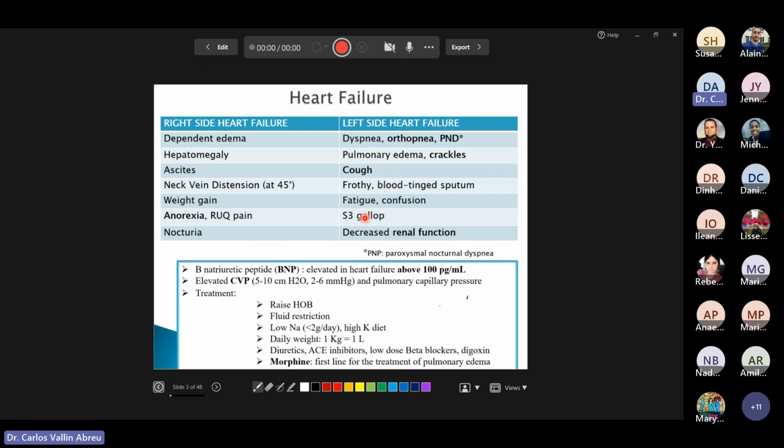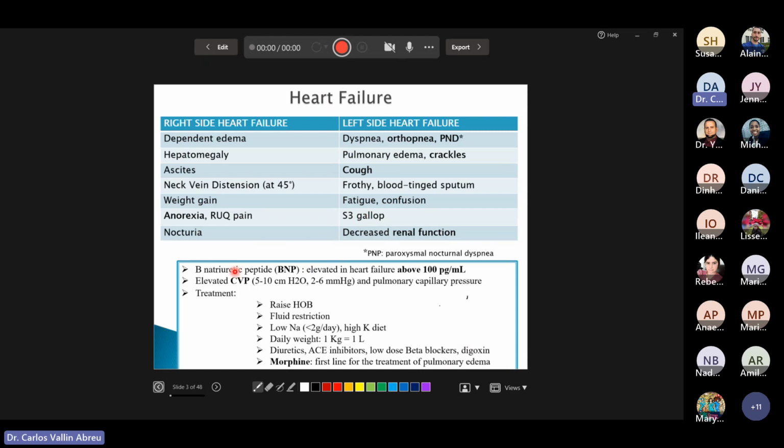A person with signs and symptoms of heart failure, with other signs present, the presence of S3 translates an enlarged heart, a cardiomegaly, and is a manifestation of heart failure. This is the extra sound that is added after the S2 in the auscultation of the heart.